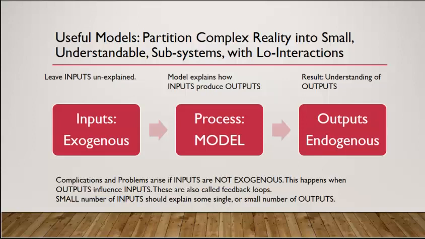Now, there are serious problems that arise if the inputs are not exogenous, because basically the system that you're studying should not interfere with the inputs. If the system is producing the inputs, then you're saying, I take this thing as given, but it is not given. It's being produced by the system.